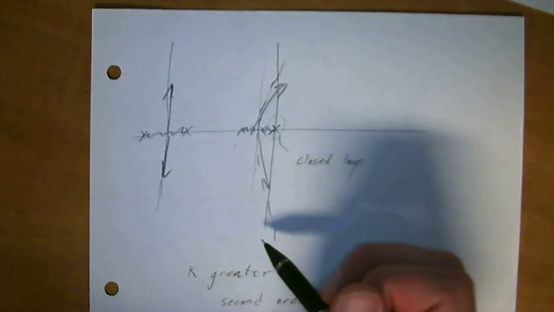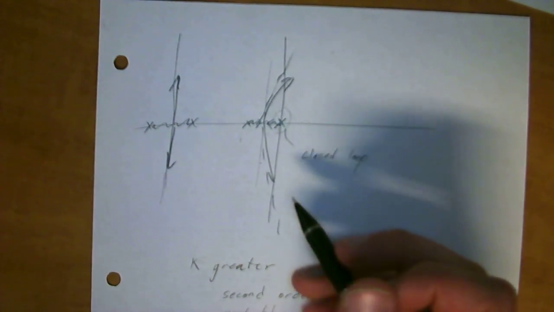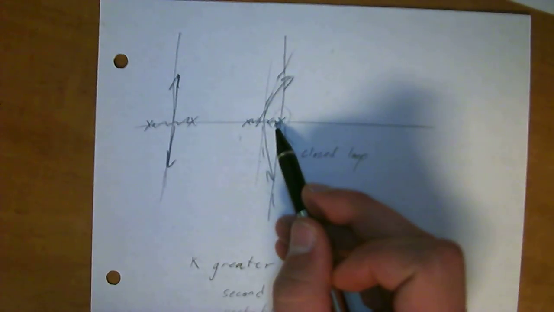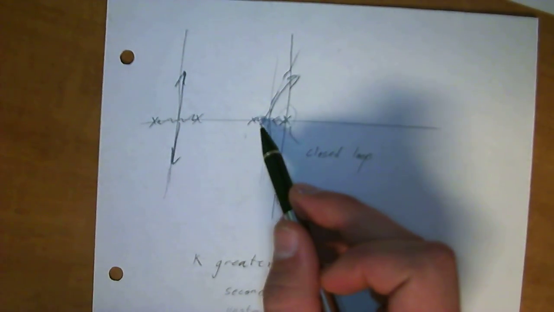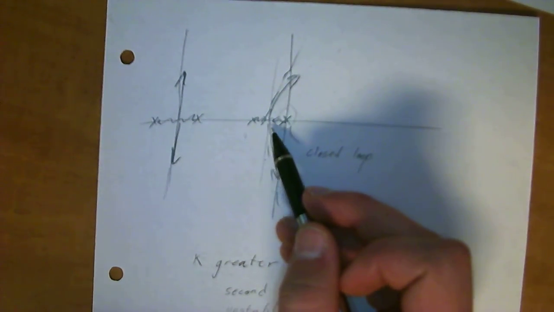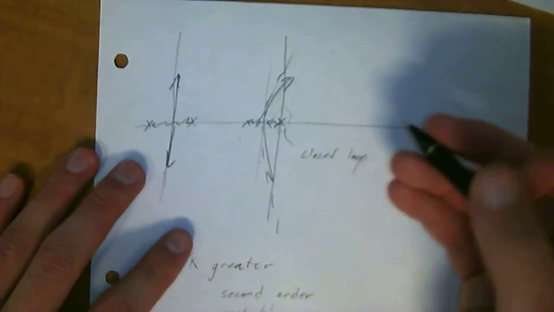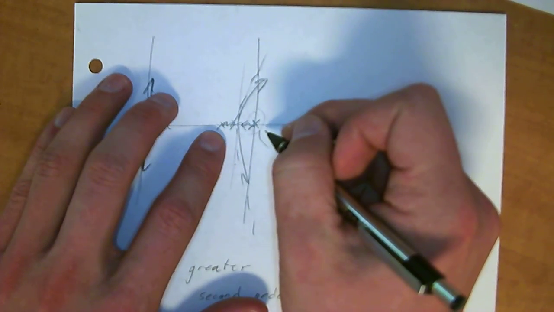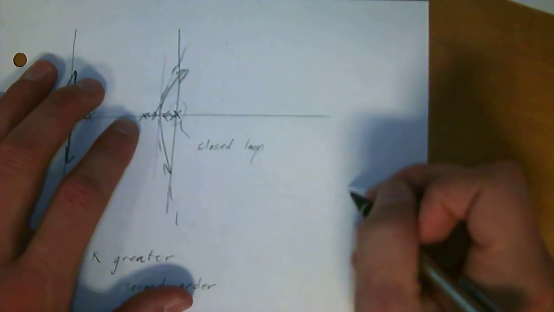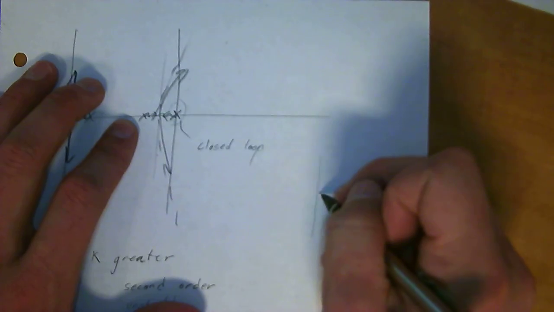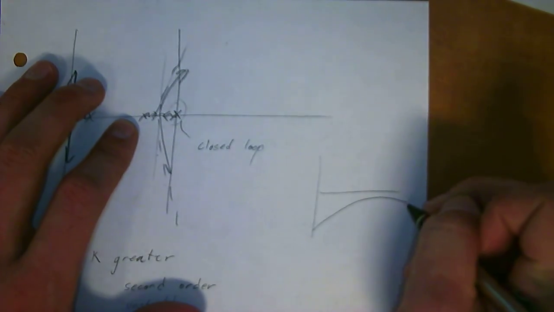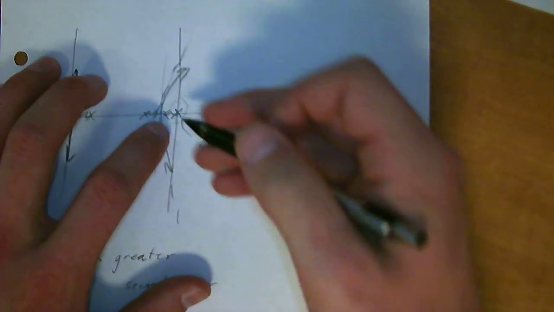That's about it. Yeah, and also, if you've got poles on the real axis, you're going to almost immediately assume it behaves like a first order, because on the real axis you don't have any oscillation. So if you've got two poles on the real axis, the response you're going to get is almost like this.